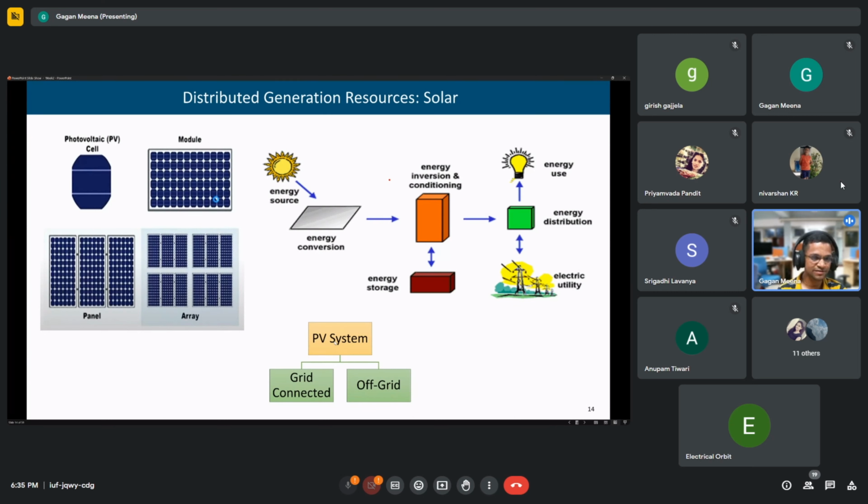That is why it is called solar PV, because of the photovoltaic effect. After the generation of electricity there is an energy inversion and conditioning block, since the output of a PV panel is DC.